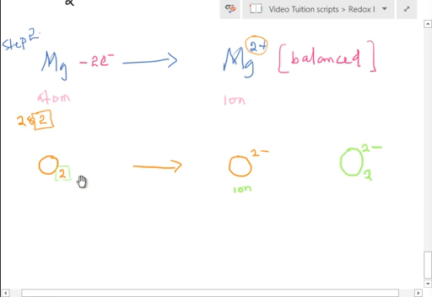The first thing we have to know is that this O2 means oxygen atom and another oxygen atom. So if we have 2 oxygen atoms this way, it means we must have 2 oxygen ions here as well. So we make this one 2 here. This one means two oxygen atoms, the same thing as one molecule of oxygen.